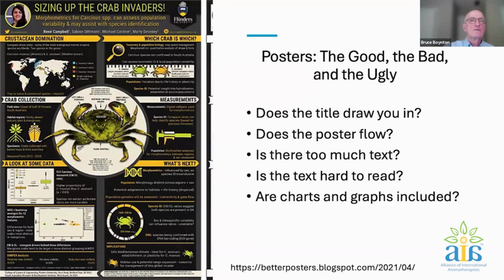Crustacean domination, which crab is which crab, measurements, data, next. Yeah, it flows. Is there too much text? No, there's not really too much. Is it hard to read? Now, this is low resolution, so when I blew it up, it's blurry, as you can see, but she has yellow or white lettering on a dark background, and there's not too much of it. So I think she's really done a great job.